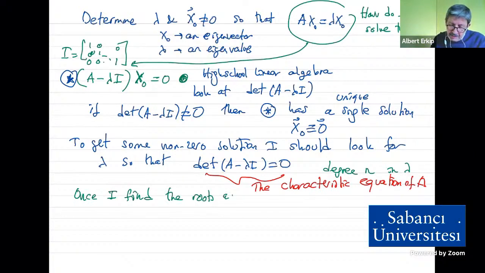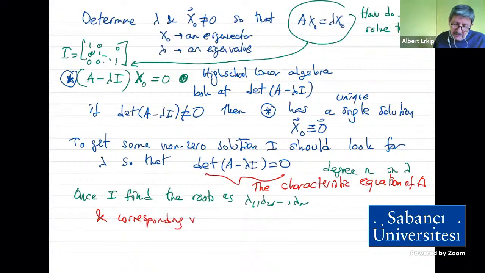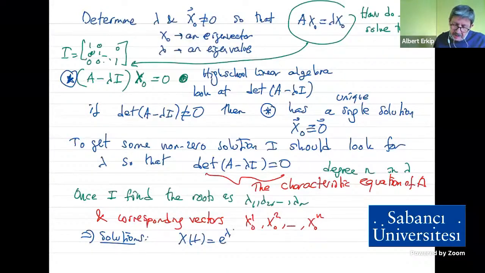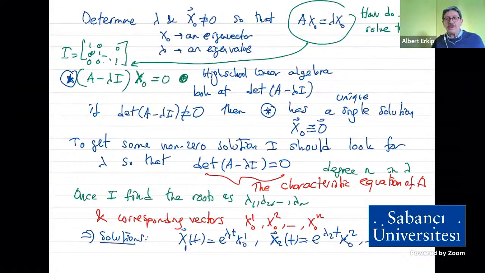If I find the roots as lambda 1, lambda 2, up to lambda n, and the corresponding vectors x0,1, x0,2, up to x0,n, then this gives me solutions: X1(t) equals e to the lambda 1 t times x0,1, X2(t), a vector, equals e to the lambda 2 t times x0,2, and so on.